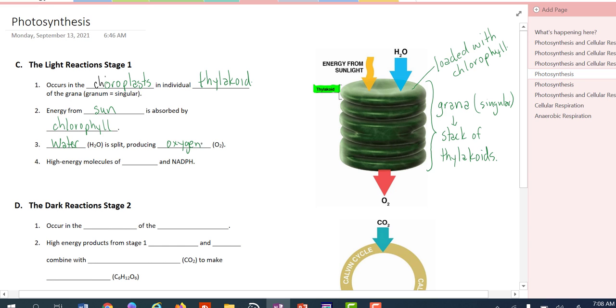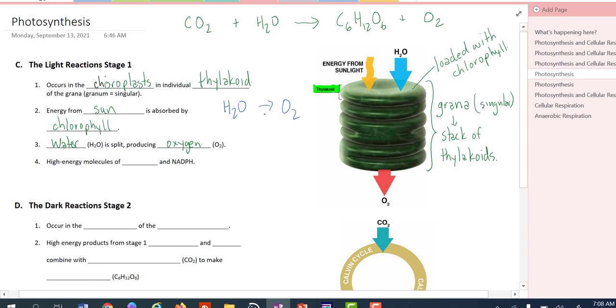Now let's just look at that overall reaction for a second. We've got carbon dioxide plus water makes sugar and oxygen. But what I want you to think about in this first reaction is really just the water being split into oxygen.